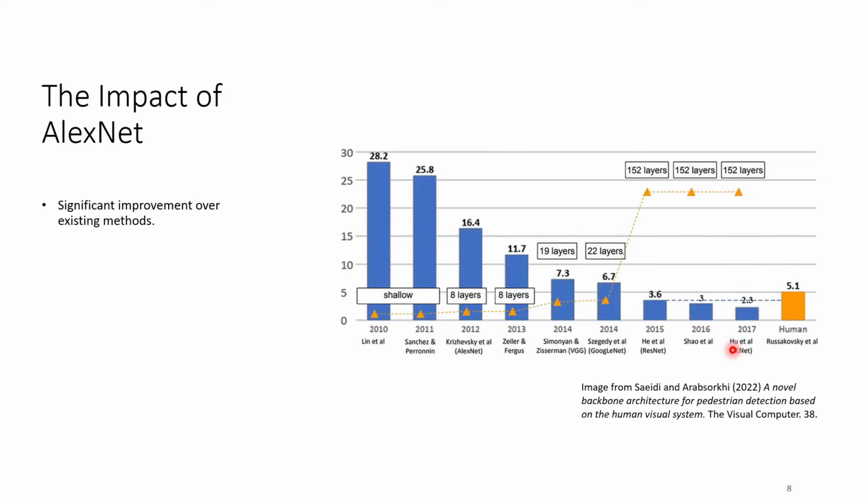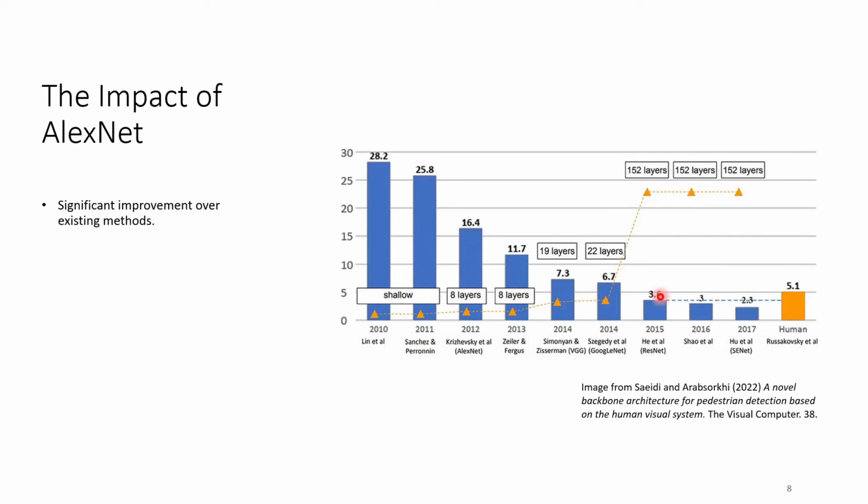Let me show you another interesting thing: how about a human? If you ask a human subject to do the same thing as a machine, what is the performance of a human? This is the performance of a human for the ImageNet dataset. The error rate is around 5.1%.